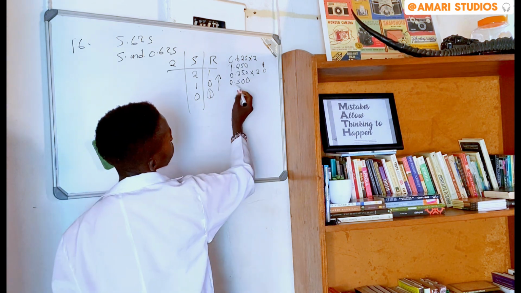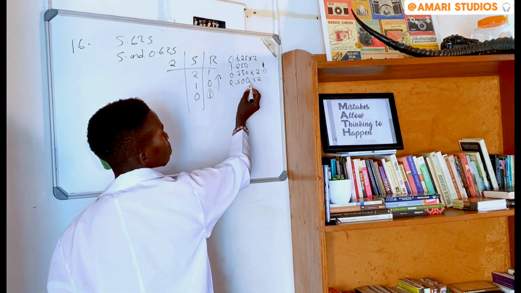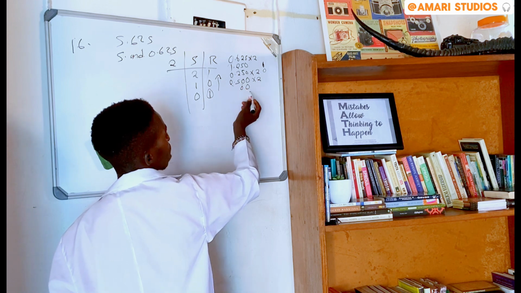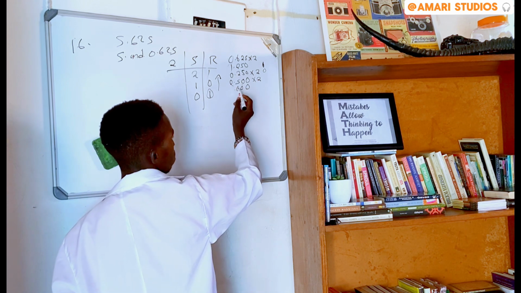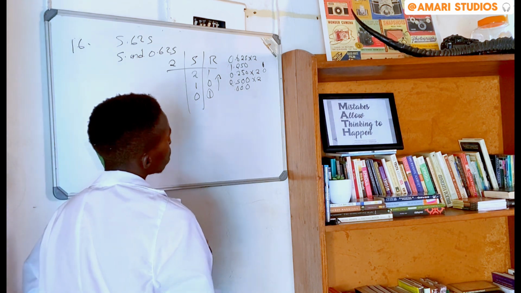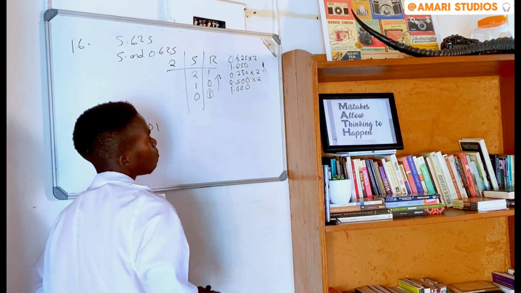Then lastly but not the least, we are going to multiply this until we get a whole number. Now 2 multiplied by 0 is 0. Then 2 multiplied by 5 is 10, so you're going to write 0 carry 1. Then 2 multiplied by the 0 after the point gives 0 plus that 1, so you're going to get 1 as your final answer there.